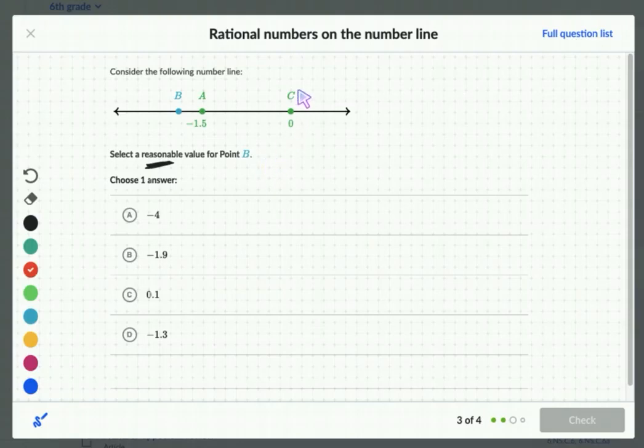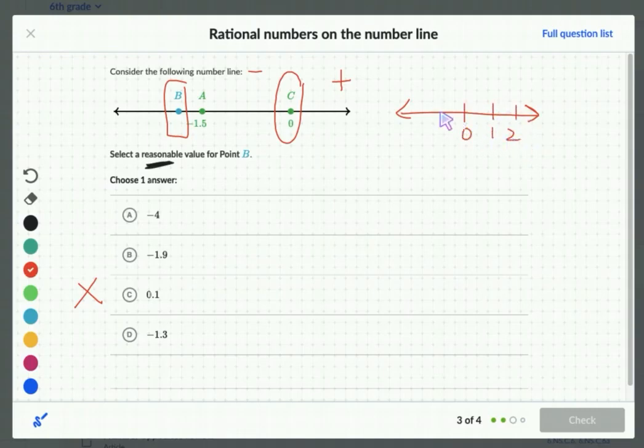All right, you should have, again, zeroed in on that 0. It's going to separate your positives from your negatives. So automatically, if we're trying to figure out what B is equal to, we're going to get rid of all positive answers. So C can't make sense because 0.1 is on this side. And then we are going to remember that our positives and negatives are going in reverse order.